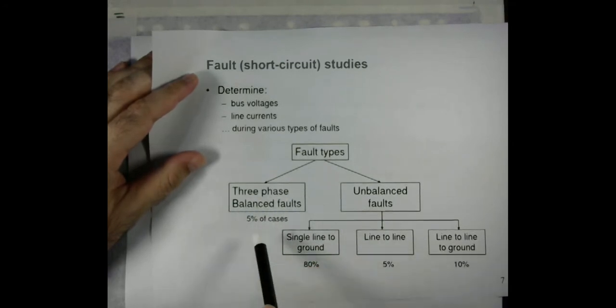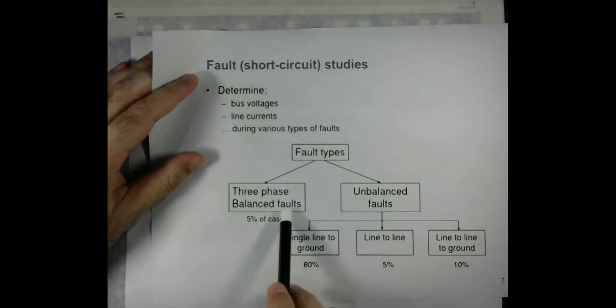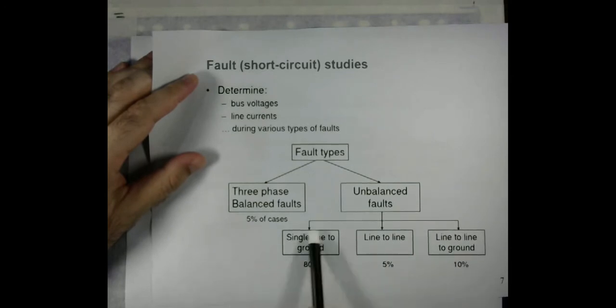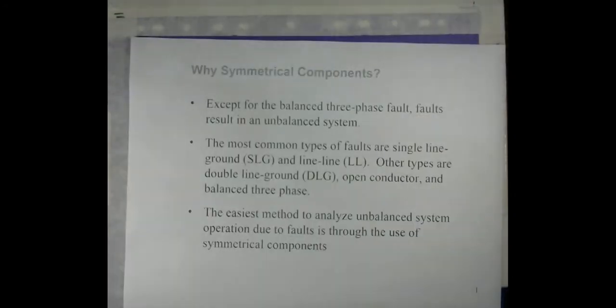But that class of faults is quite rare. Although it's the most severe type, the probability is quite low. The unbalanced faults in general are the most frequent types, among which the single line to ground fault has the maximum probability of appearance.